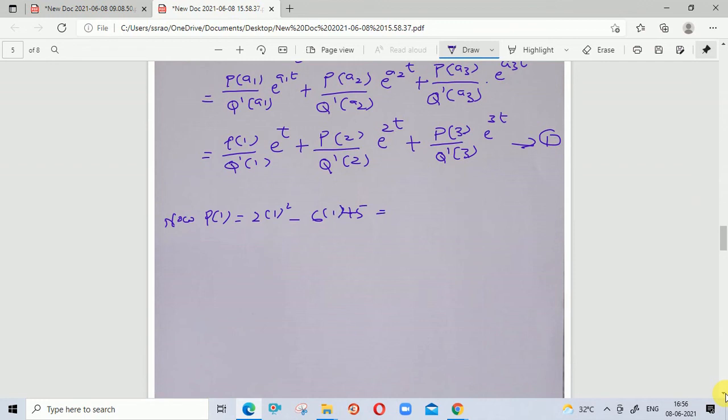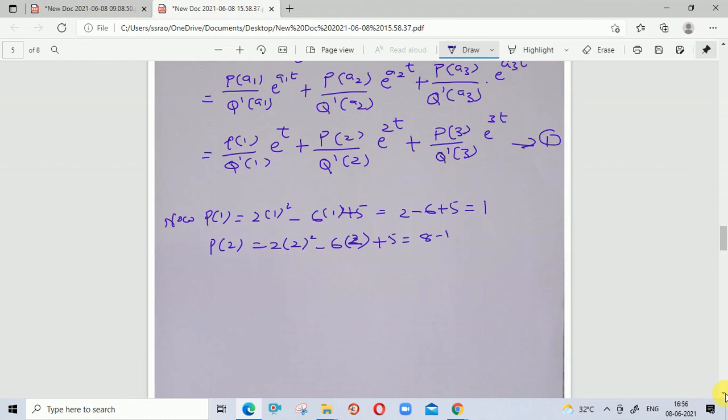Next, P of 2 is equal to 2 into 2 square minus 6 into 2 plus 5. Simplifying, 8 minus 12 plus 5, 13. 13 minus 12, 1.